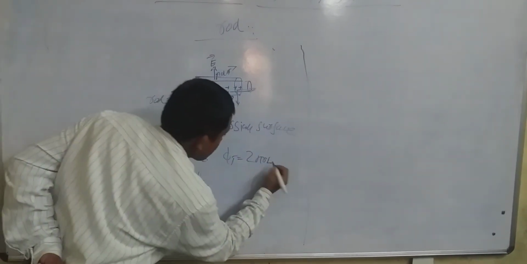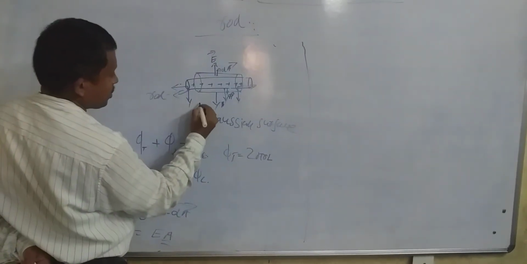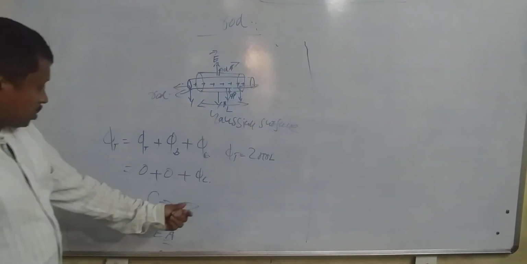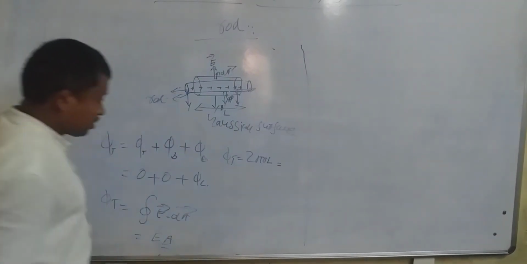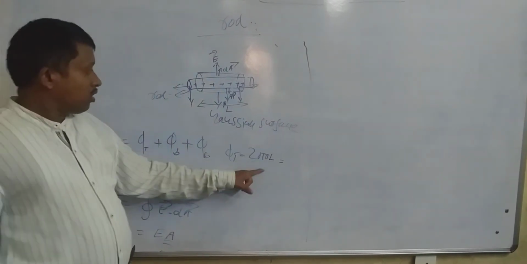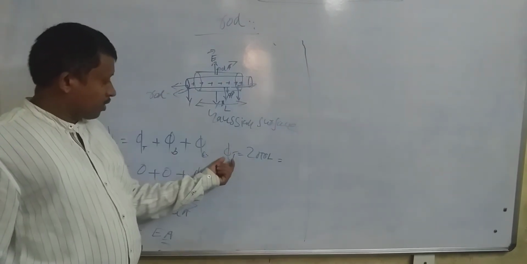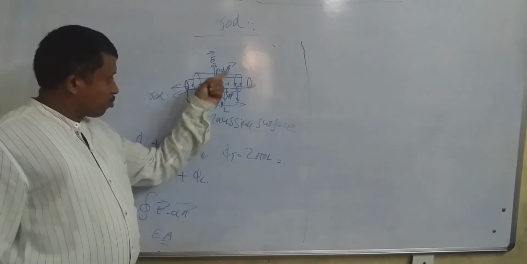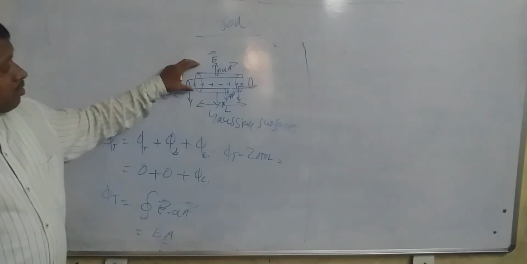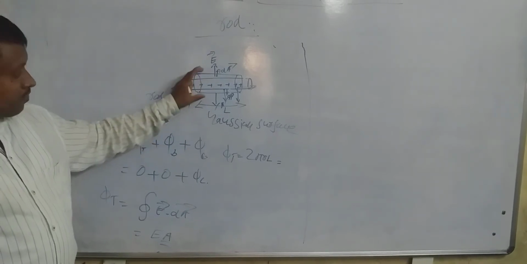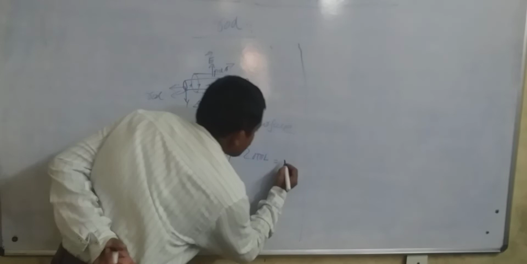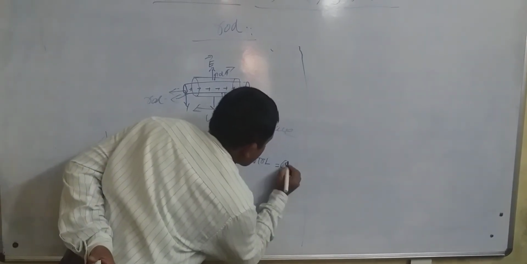So the flux is E times 2 pi r L. Now using Gauss's law, the total electric flux is equal to the total charge enclosed by the surface divided by epsilon 0.